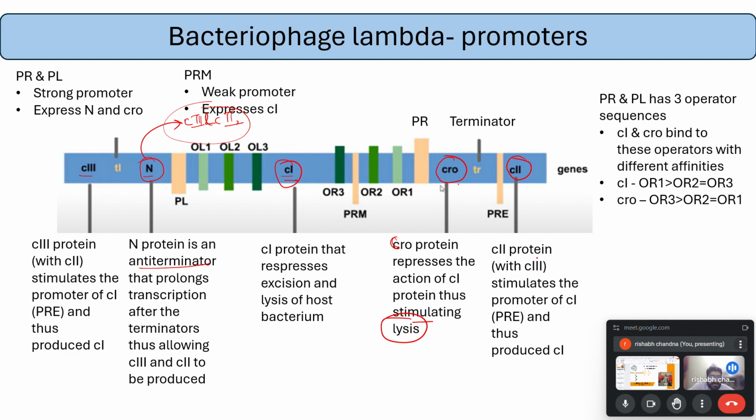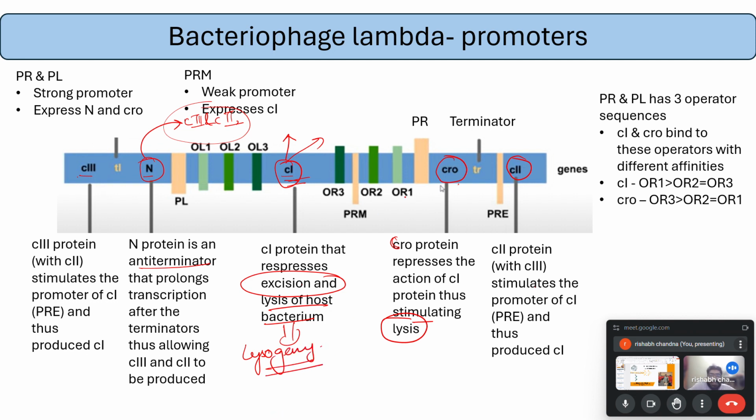So C2 basically stimulates the promoter for C1 and it helps in its production, and C3 also helps C2. Actually, C3 protects C2 from proteolysis, which helps in the production of C1. Okay, so these two proteins work in coordination to produce C1, and C1 is the basic protein that represses excision from the host and lysis of the host bacterium. So this particular protein promotes lysogeny.